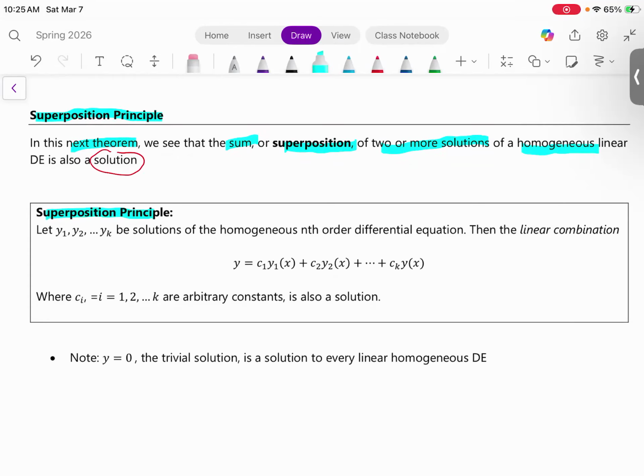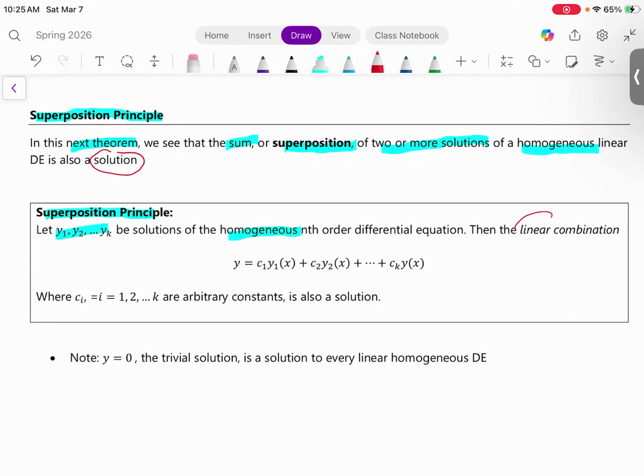Say we have solutions y1, y2, all the way up to yk, that many solutions to a homogeneous nth order differential equation.